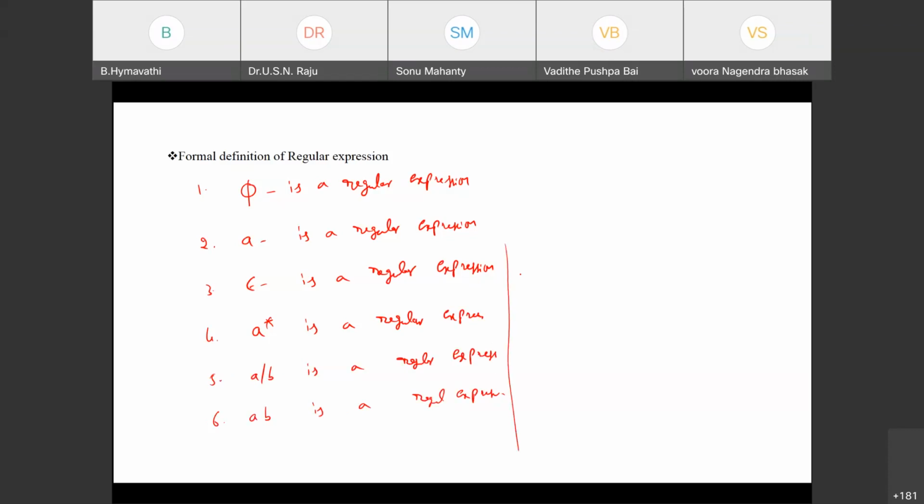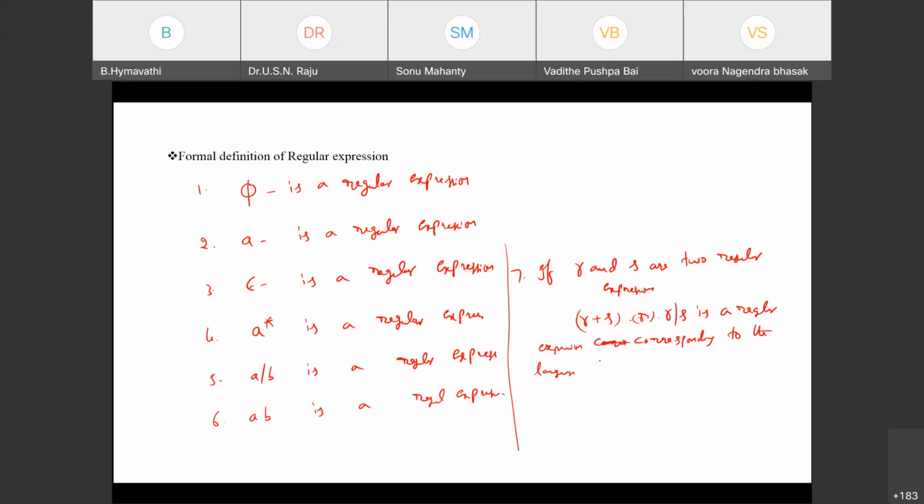Okay, then if R and S are two regular expressions, then R plus S is a regular expression, or R by S is a regular expression corresponding to the language R union S. Then, okay, here this is the next rule.